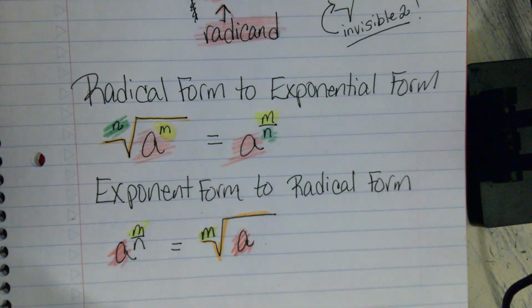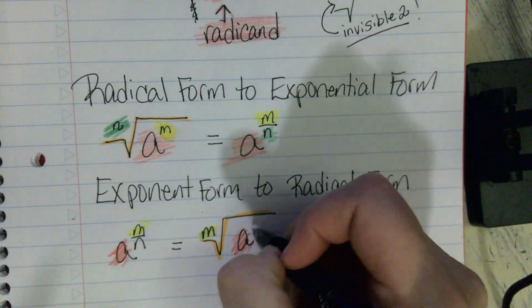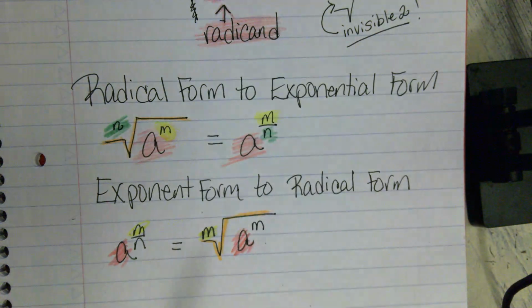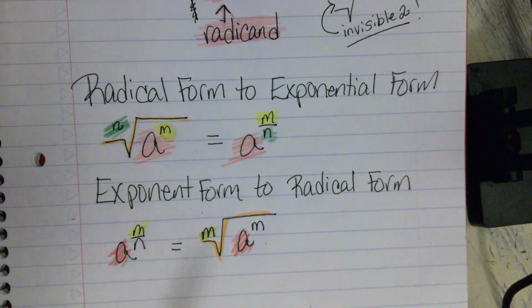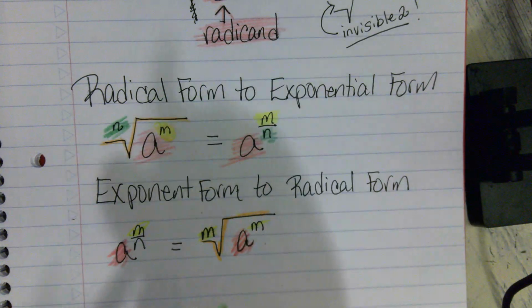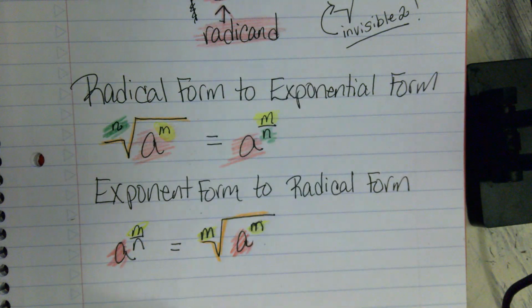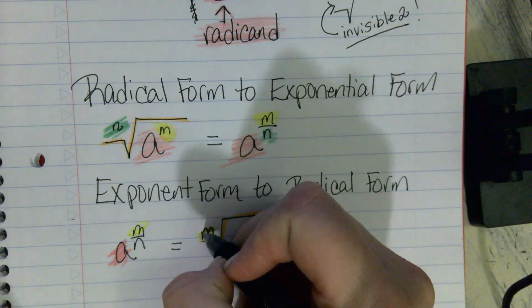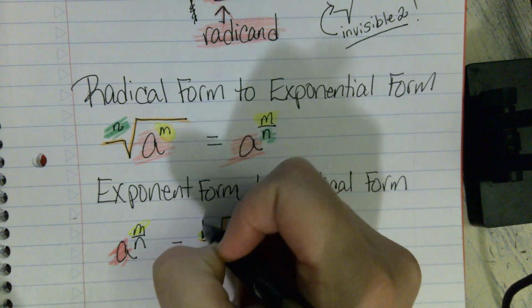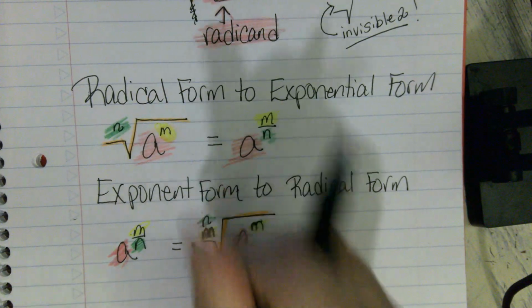Oh my goodness, that is backwards, isn't it? My numerator is my exponent, and my denominator is my index.